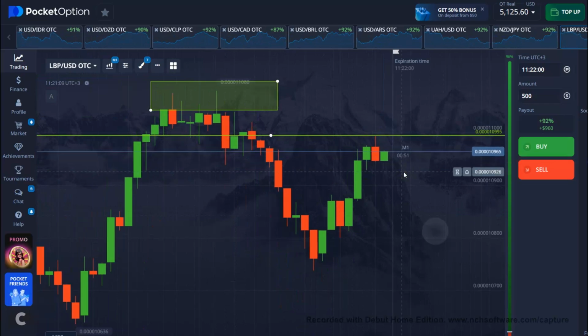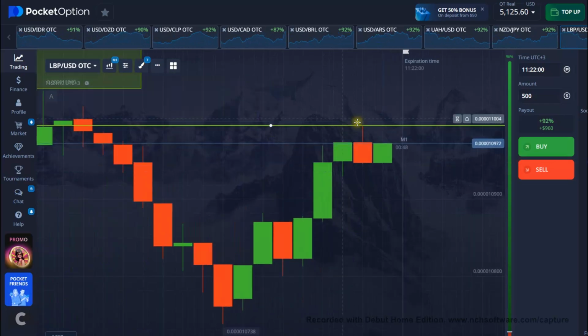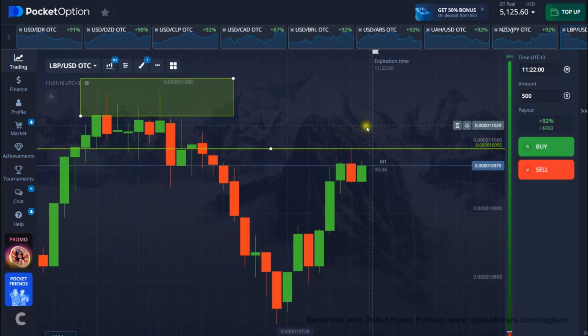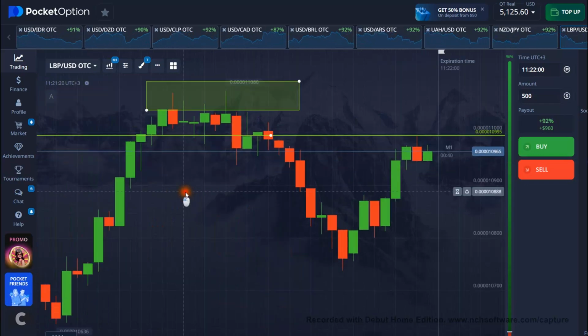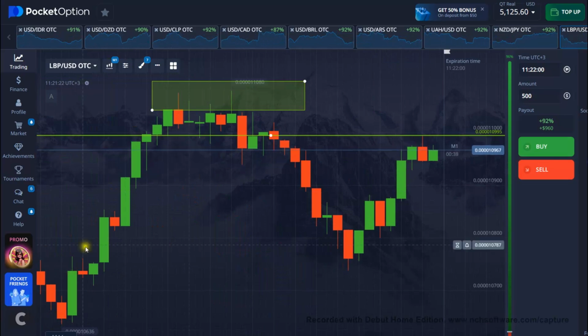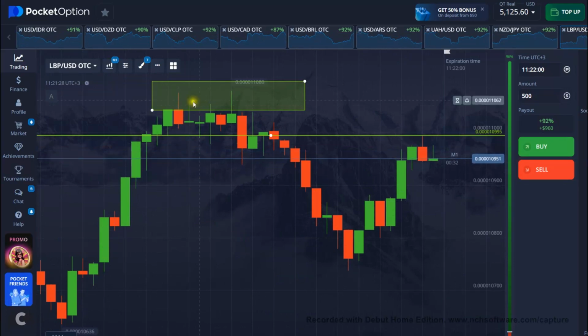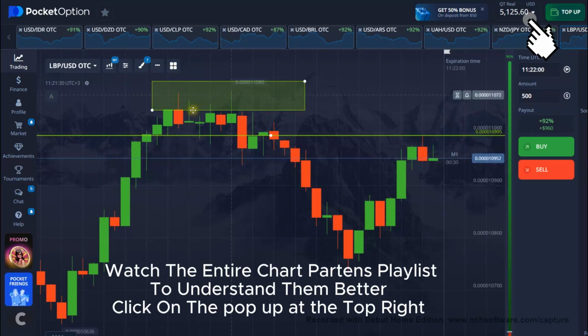I was supposed to take the trade exactly at this point right here, immediately it touched the horizontal line, but I was a bit late. The other reason why I took the trade is that we have this clear sharp uptrend. As you can see, the market was moving in an uptrend, and then getting to this resistance area right here, we created this double top.